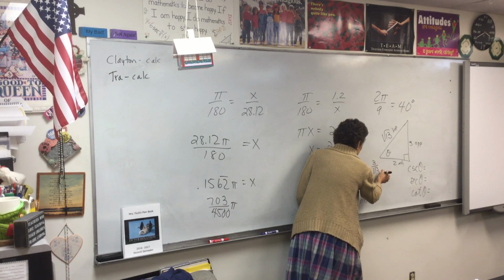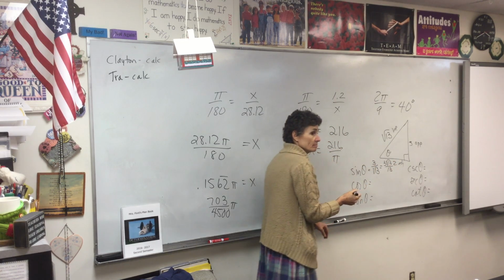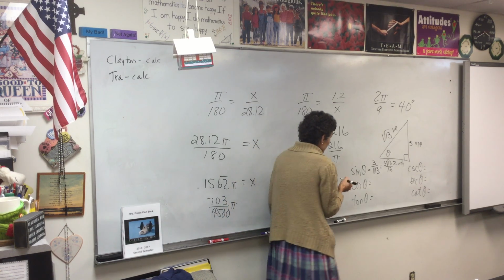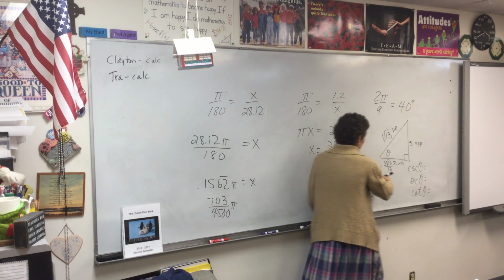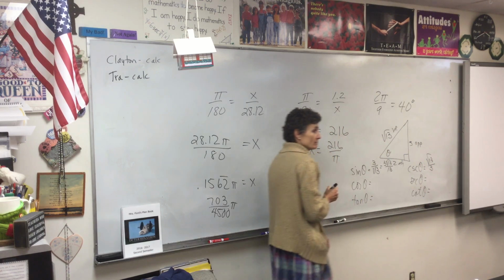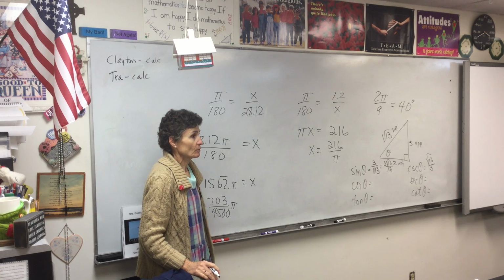3 over root 13, which will rationalize. Now, if the sine is 3 over root 13, then the cosecant would be root 13 over 3, because they're reciprocals of each other.